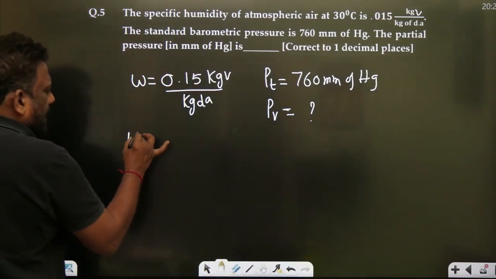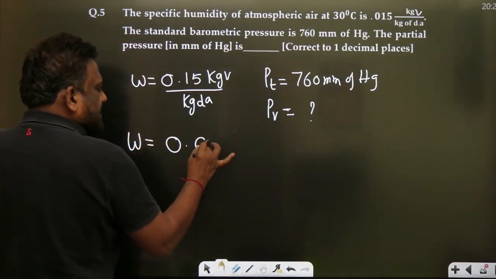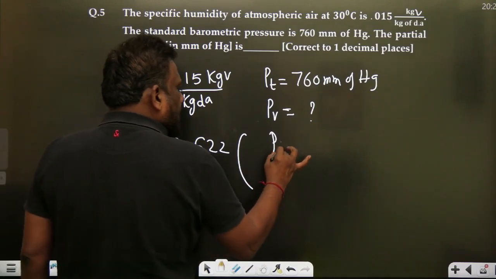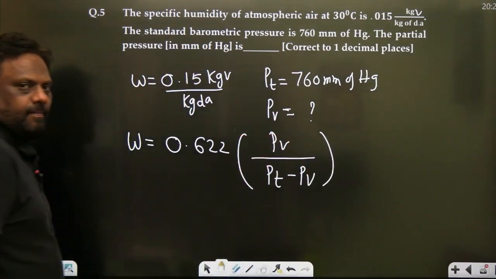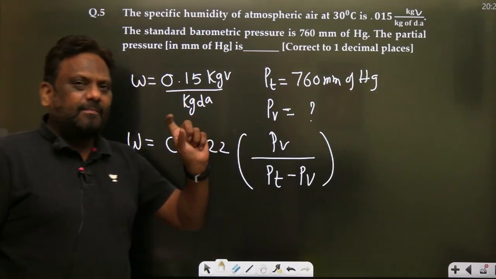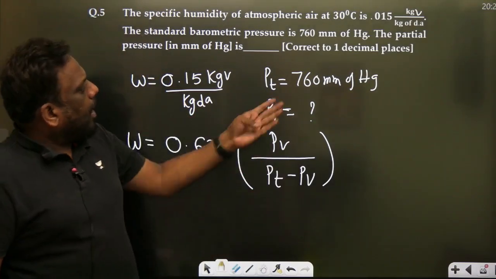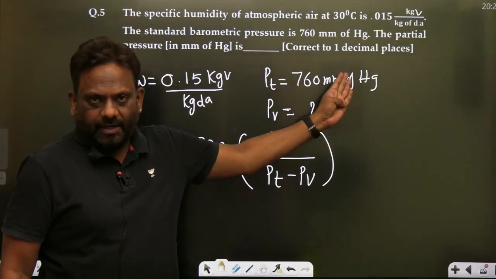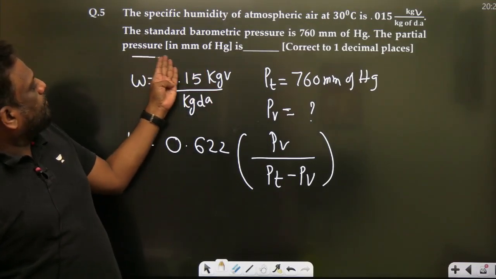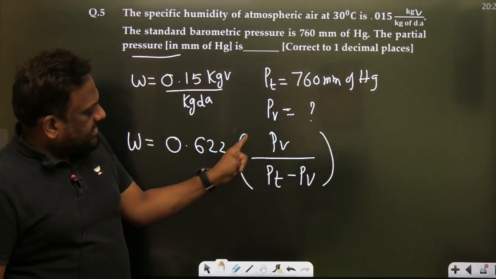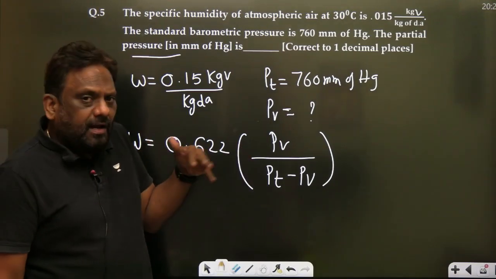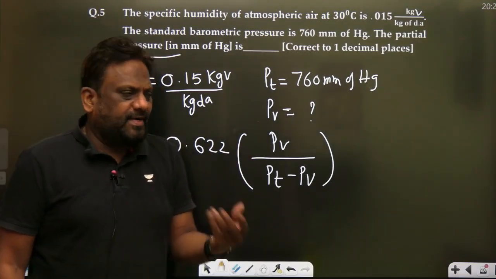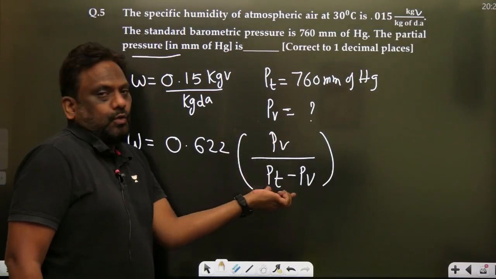The equation for omega is 0.622 PV upon P total minus PV. Pressure can be written as rho g h. Already the total pressure is given in mm of mercury, and he is asking PV also in mm of mercury. So this is mm of mercury, this is also mm of mercury. If you convert into rho g h, Newton per meter square, P is equal to rho g h.